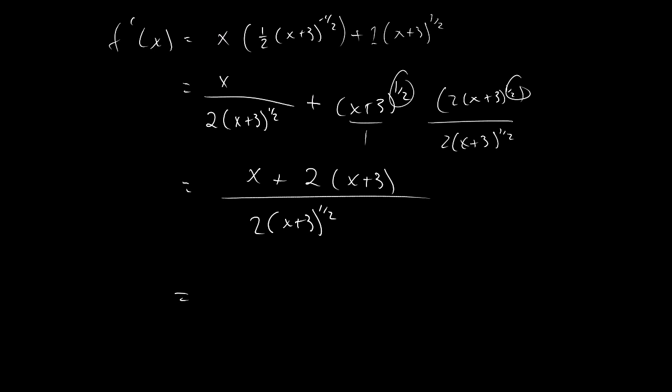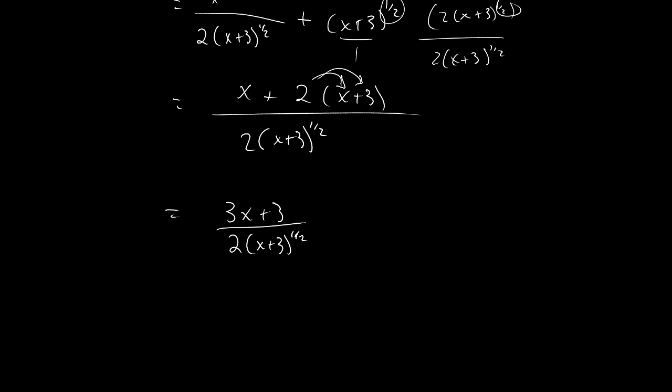If we neaten up our top a little bit, we do some distributing, we're going to get 3x plus 6 all over 2 times (x plus 3) to the 1/2. So this is our first derivative. Let's write that down somewhere because we're going to need to remember that.